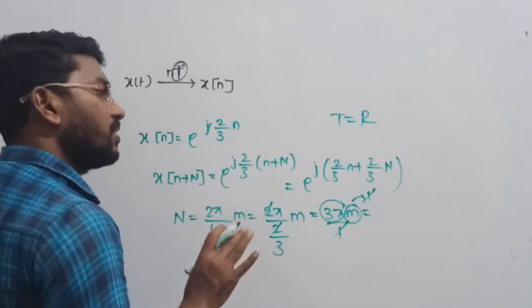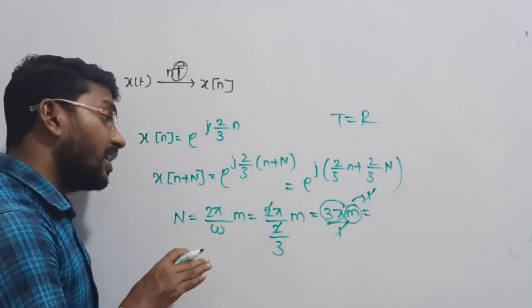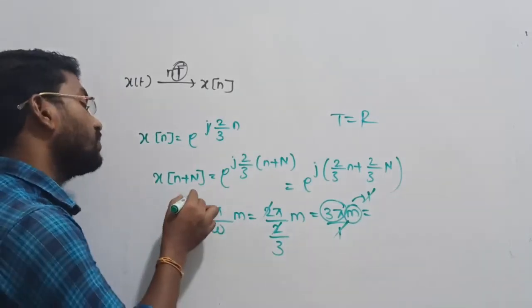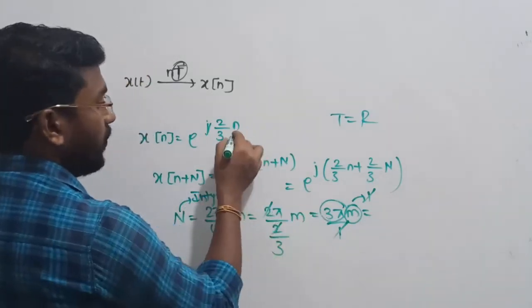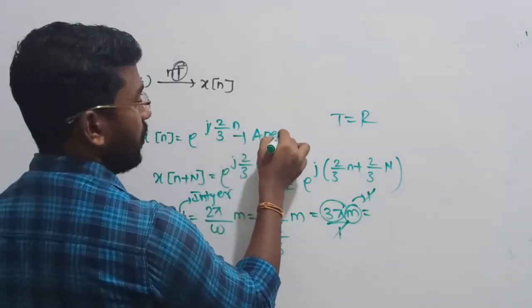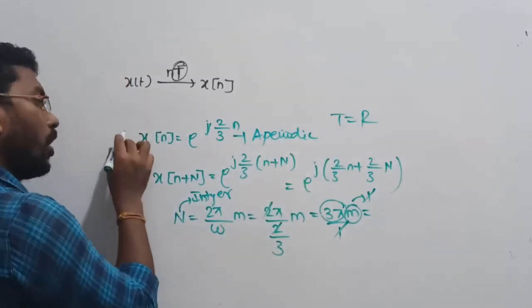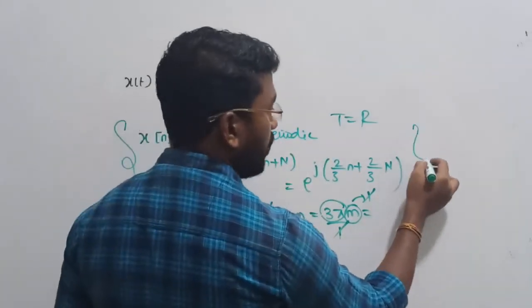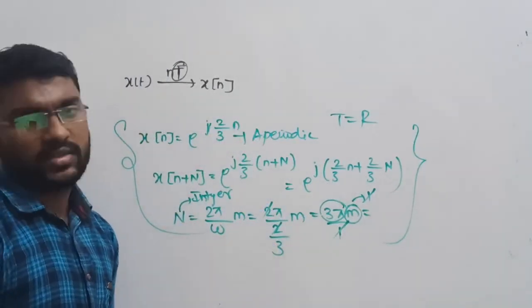Any real value is acceptable. That's all. Whereas in the discrete domain, n is supposed to be an integer. There will be a difference. It is not an integer now, so the given signal is not a periodic signal. Clear? Now, I hope you are getting a very clear idea about the periodicity of the signal, right? So in the next lecture, let us see the next type of signal.